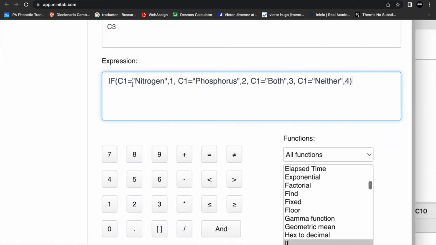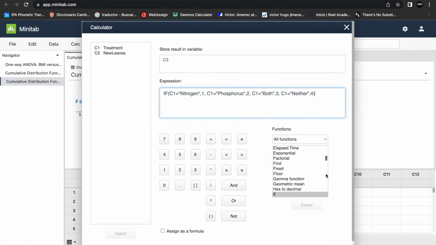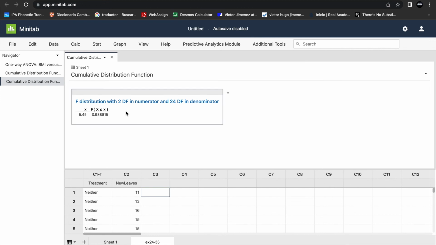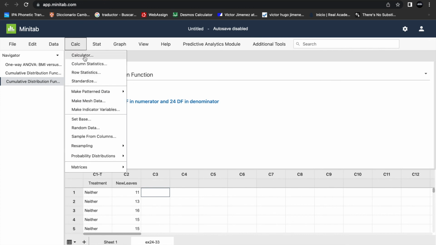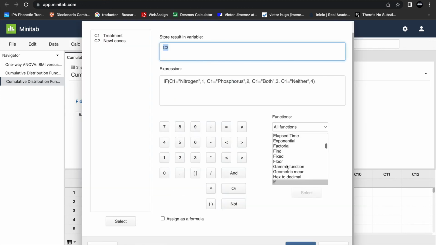So how am I doing this? We have to use first the IF function. Again, let me repeat this. Go to Calc, Calculator. You're going to choose the IF function, double click. You will have it here. Store results in C3. And then you are going to put the labels for each of the outcomes.